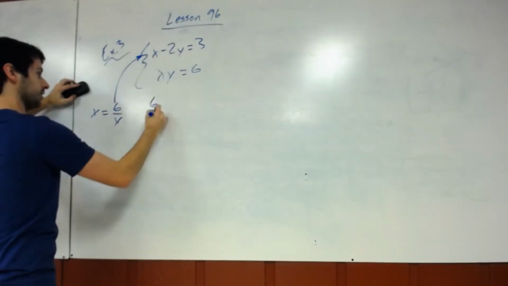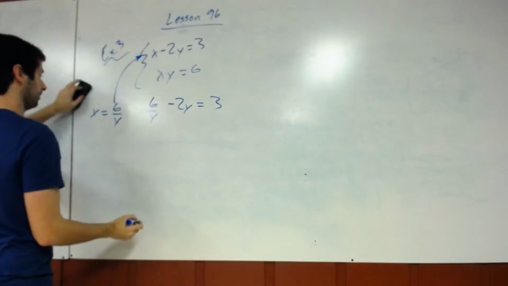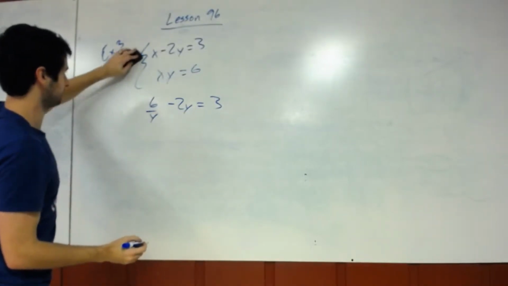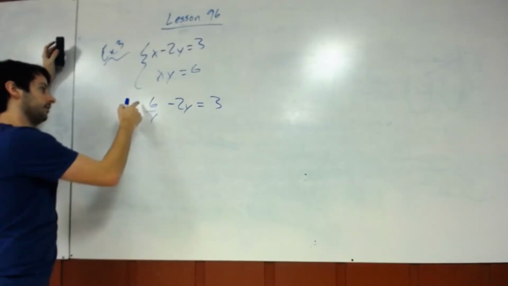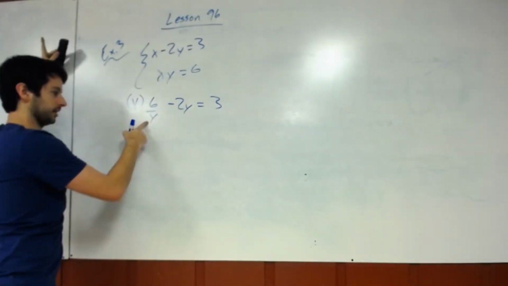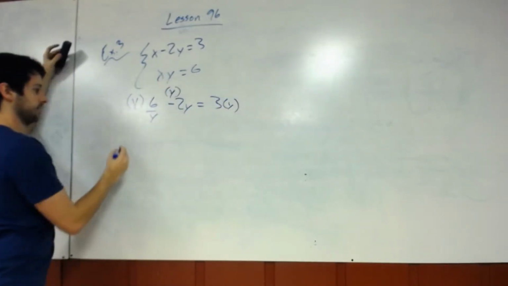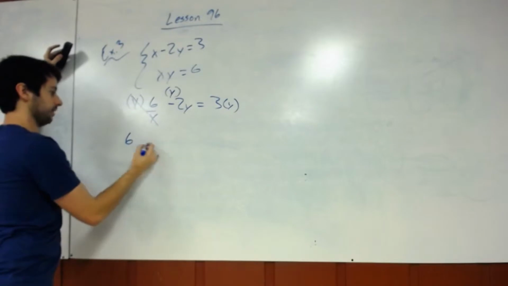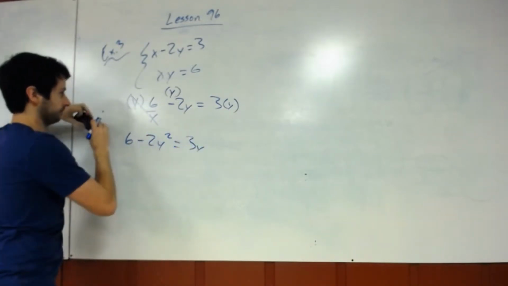So 6 over y minus 2y equals 3. I'm going to erase these steps as I go to clean the board. Multiply by the least common multiple, which would be y. That's the only thing in the denominator. That gives us 6, those cross out, minus 2y squared equals 3y.